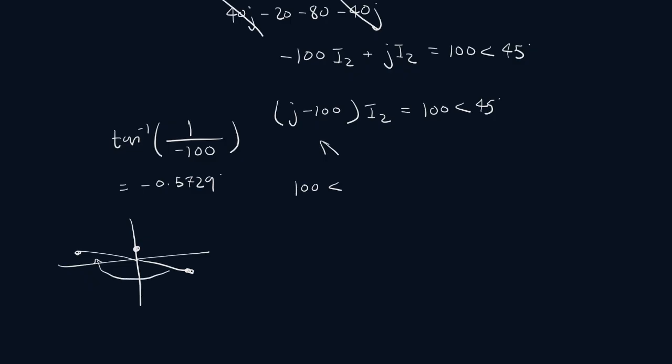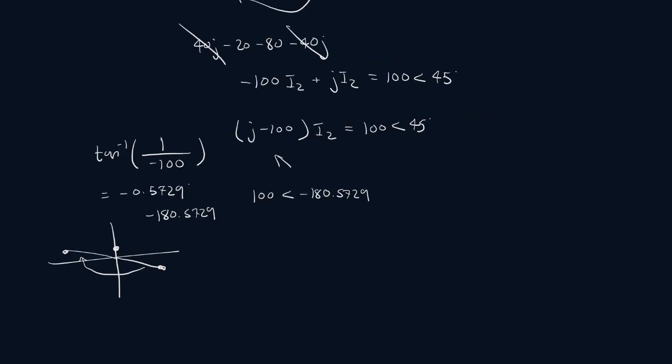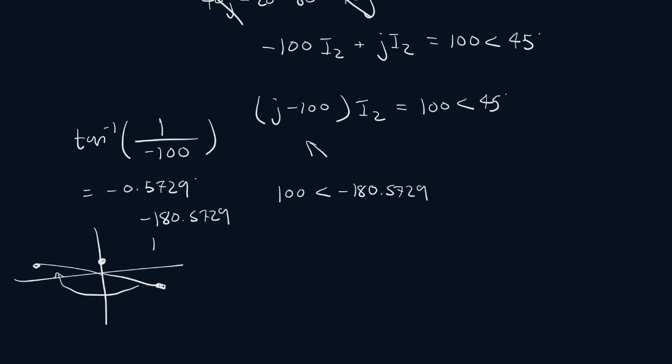So let's subtract 180. So it's pretty much minus 180.5729. You can also add 180 as well. If we were to add 180 instead, then it will be 179.4271. That's also fine. Let's go with this one because it's a positive value.